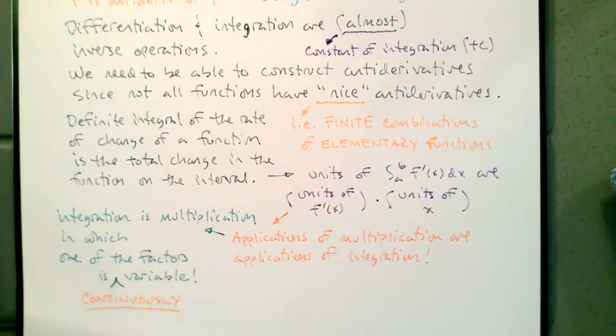Integration is multiplication in which one of the factors is continuously variable. If you recall how we dealt with this, we made our function, our continuously variable factor, constant for a little while so that we could use multiplication, and then we added up the results. So integration is just addition.